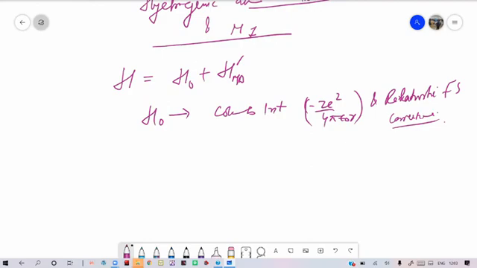This is all included in this. Now those terms become unperturbed. These are already there.